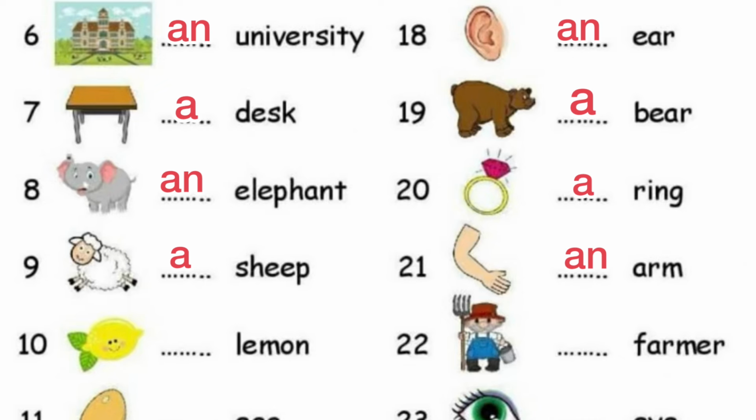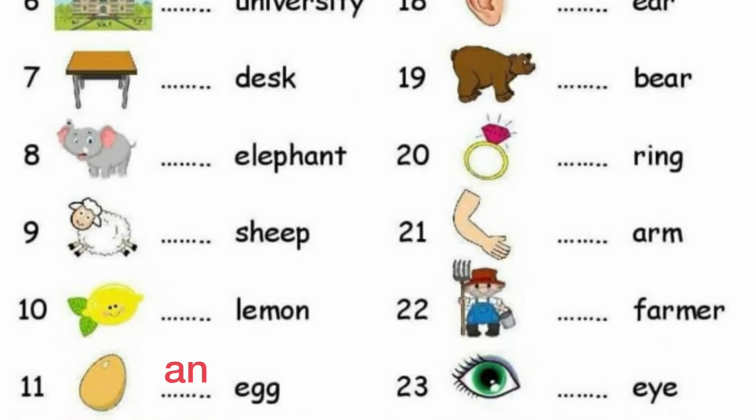An arm. A lemon. A farmer. An egg. An eye.